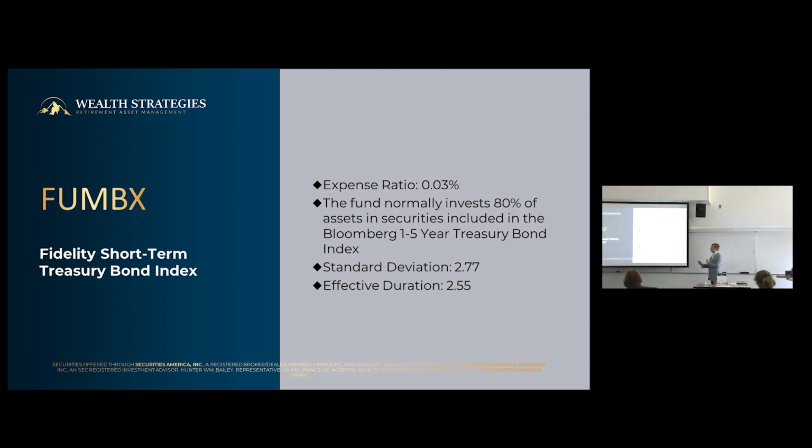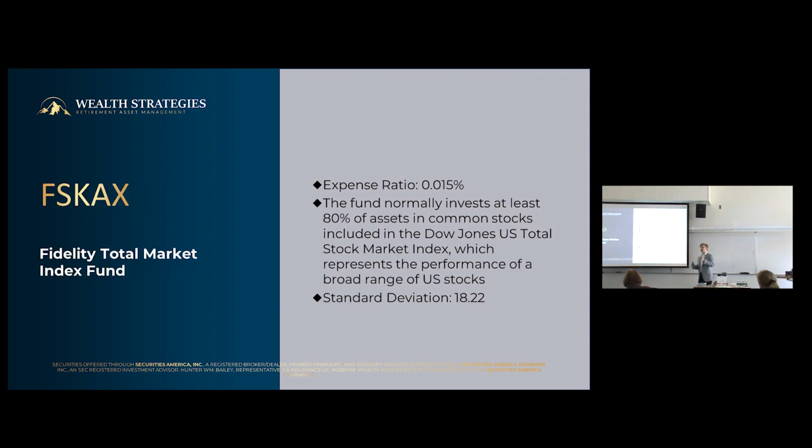As we move forward, we get to our stage 2, which might be some more intermediate term needs. But again, as they're looking for a little bit more growth, this might be where we start with our total market index fund. This one's really inexpensive. It's the one we looked at before from Fidelity, ticker FSKAX. This fund normally invests at least 80% of assets in common stocks included in the Dow Jones US Total Stock Market Index, which represents the performance of a broad range of US stocks.